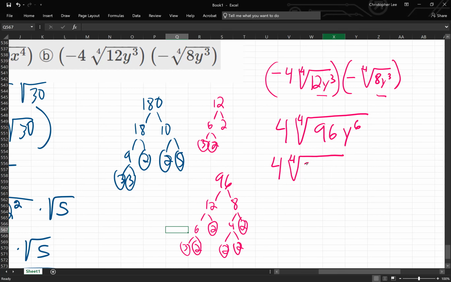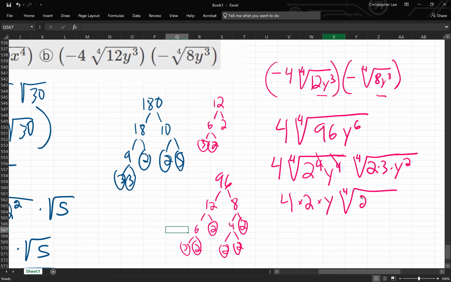So this is just 2 to the 4, y to the 4 times the fourth root of 2 times 3 times y to the second. These will cancel. This becomes 4 times 2 times y, fourth root of 2 times 3 times y squared. So this is 8y, fourth root of 6y squared. This is my final answer.